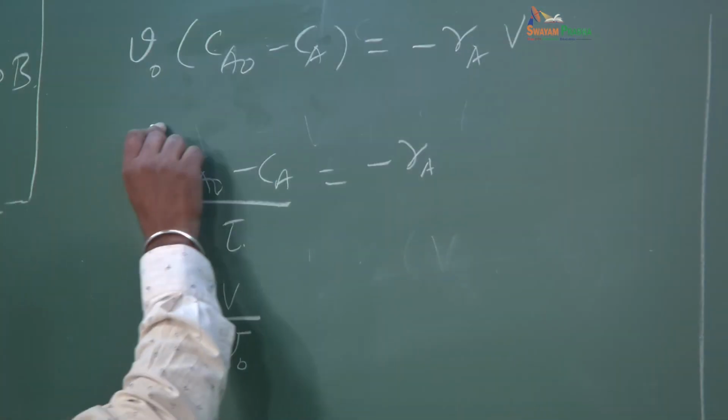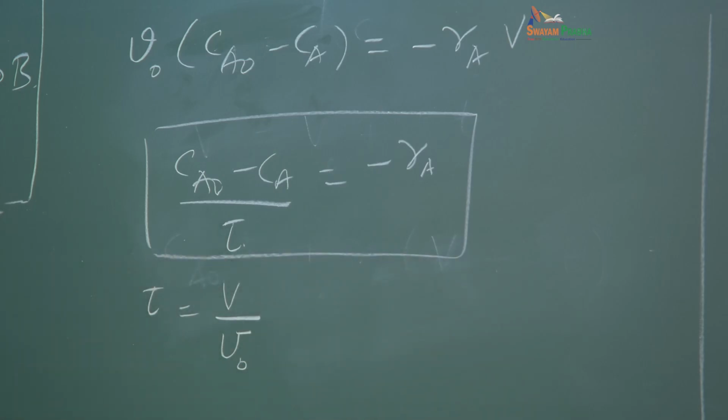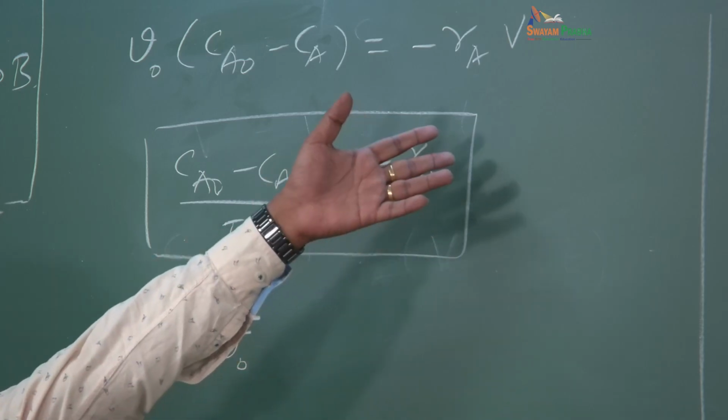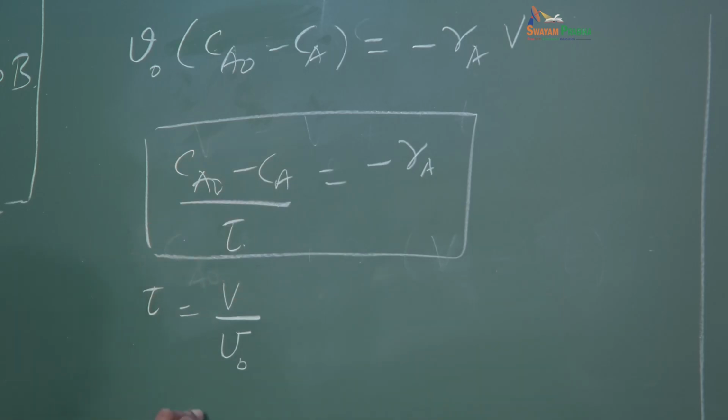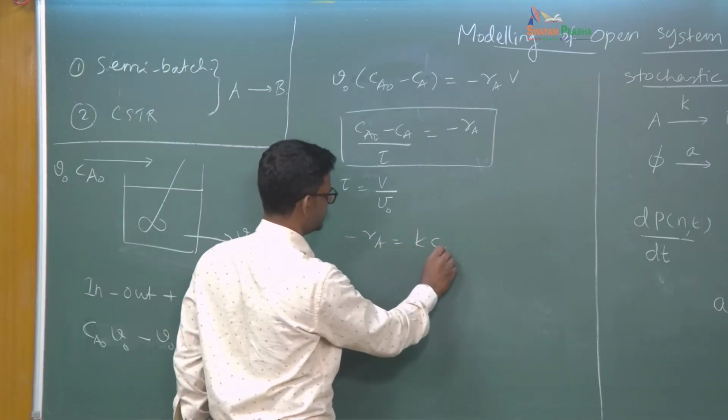So this is the design equation for CSTR. Now you can substitute for minus RA as KCA. So minus RA is equal to KCA.